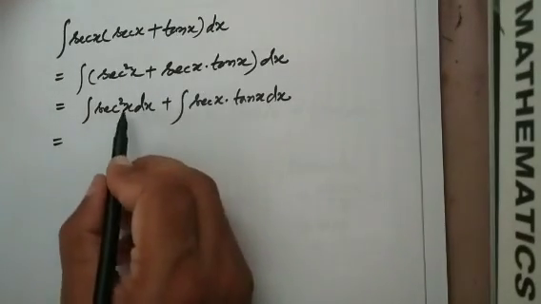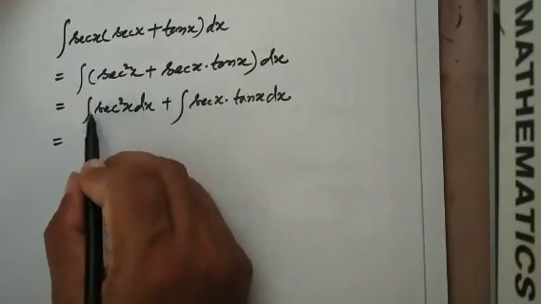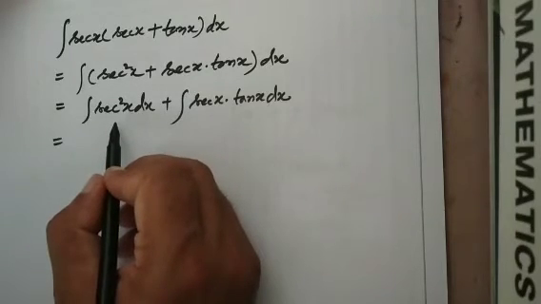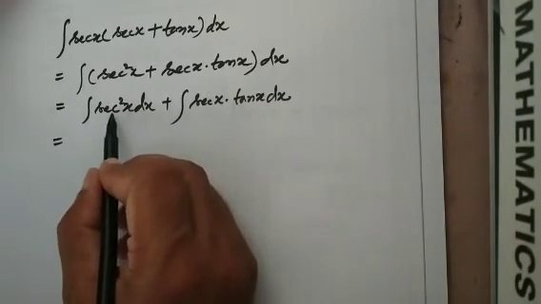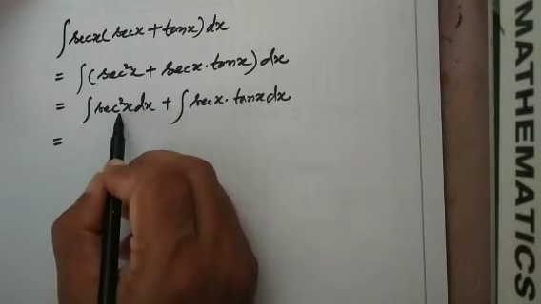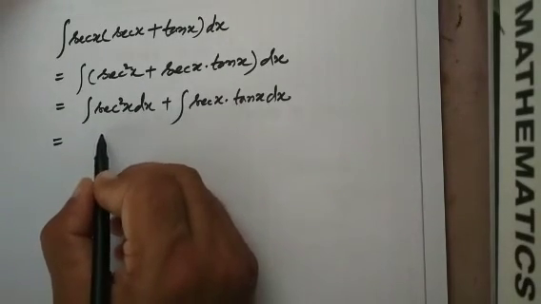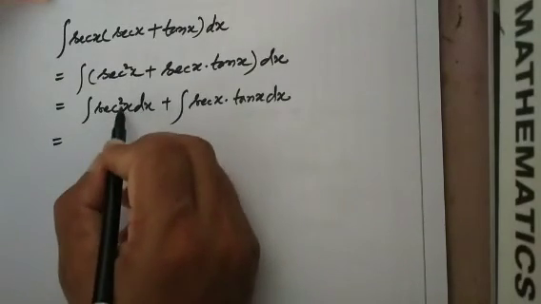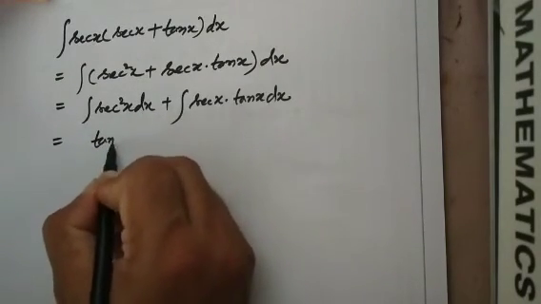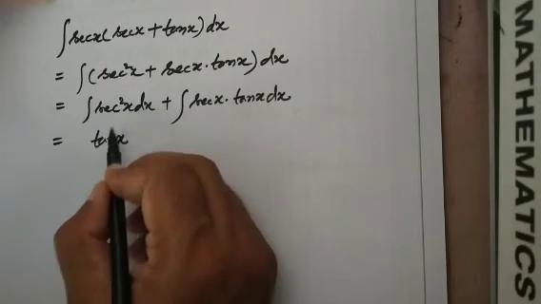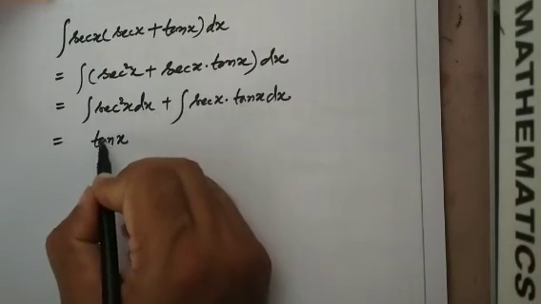Then we know, if you remember from differentiation, that sec square x was the derivative of tan x. So the antiderivative of sec square x, that means the integral of sec square x, is tan x.